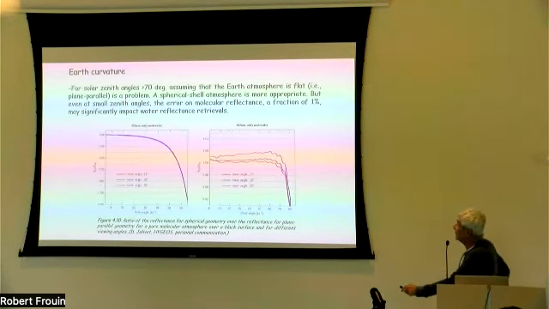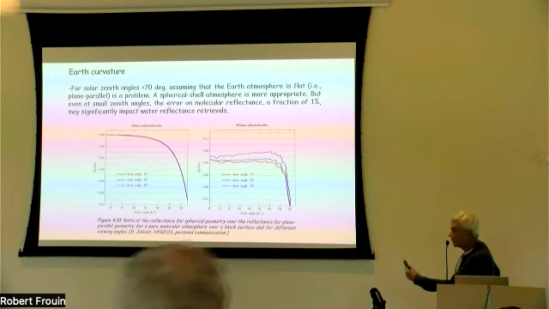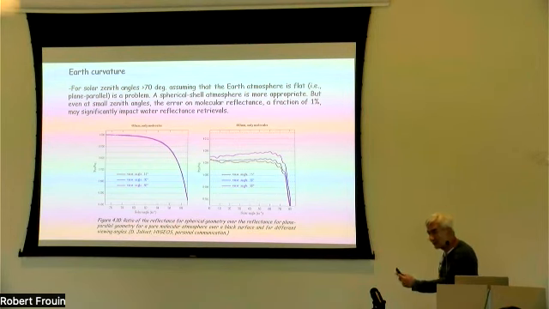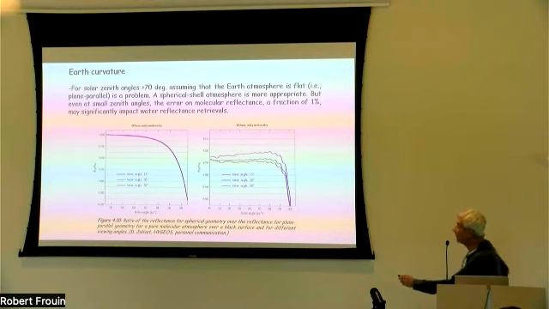Right. First, curvature. So this is a simulation, the ratio of the Rayleigh reflectance at the top of the atmosphere, just molecules, calculated in plane parallel and calculated assuming Earth sphericity.